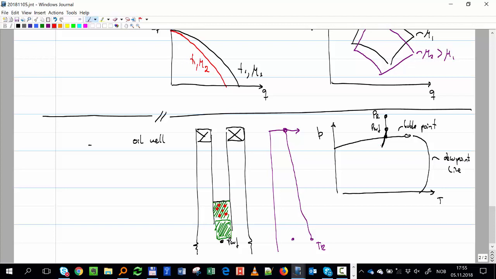What happens if I continue a bit further down, where I have more and more gas? These bubbles of gas will start to make even bigger bubbles, some blobs. They will start to coalesce together and form some sort of blobs.